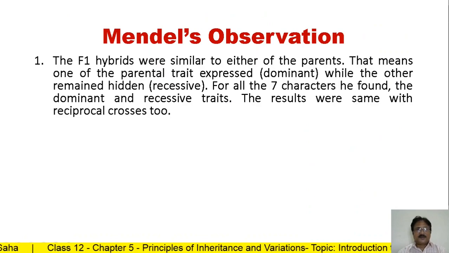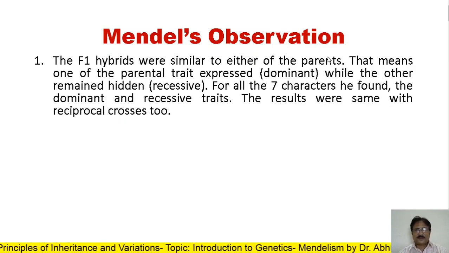Let us find Mendel's observation. What did he find? For example, let us think of a tall plant being crossed with a dwarf plant. Then what should he have obtained? He found that the F1 hybrids were similar to either of the parents.